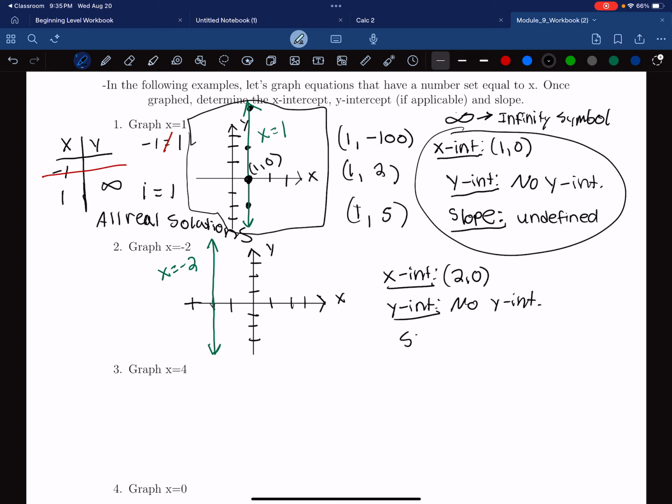What about its slope? Well, just as we've seen in example 1, the slope of this line rises forever and doesn't go left or right, so we can't find any tangible value for this line. So this is also undefined.